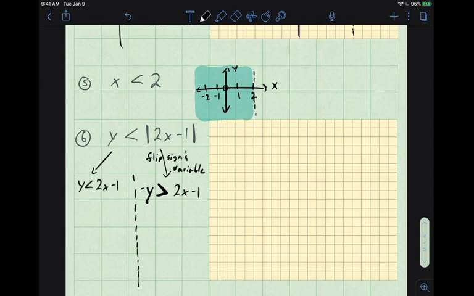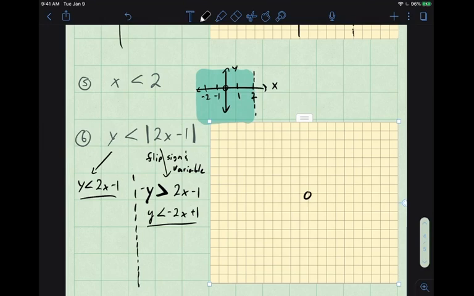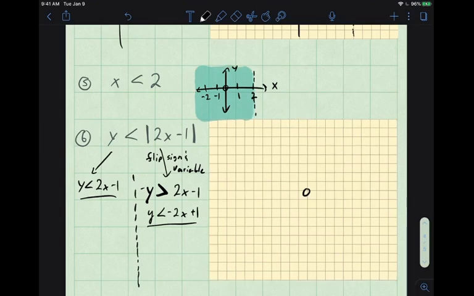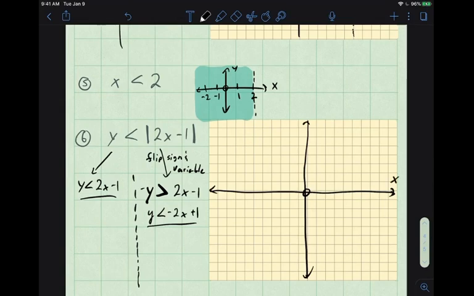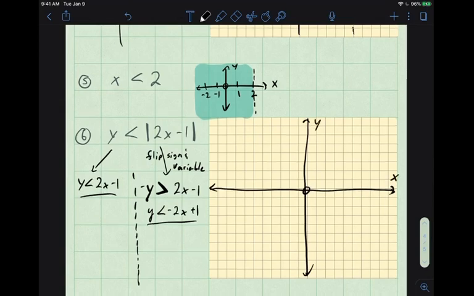This one, we can multiply both sides by -1, we get this thing. Okay, so here are the two equations we have to plot. Let's put 0 over here. X and Y. So one's at -1, up to right 1, like that.